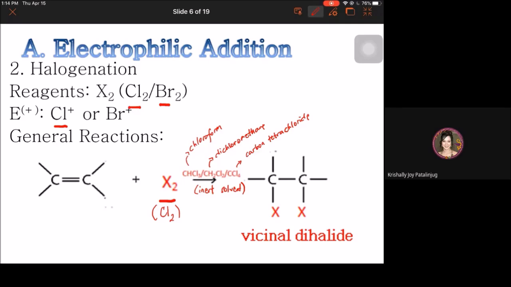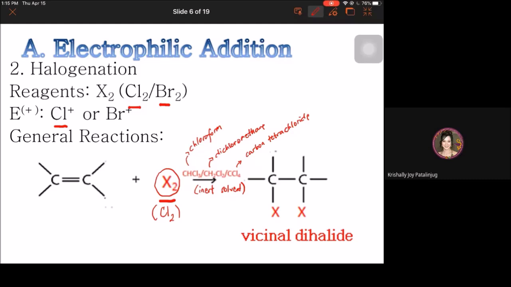Kasi what will be involved sa addition reaction is the electrophile chlorine gas, di ba? So kanang inert solvent only supports the reaction process to proceed. The same goes with metal catalyst, di ba? Metal catalyst, hindi sila ang part ng reactive site sa alkene. They will simply support the activation process, okay? The speed ng reaction process. Okay?